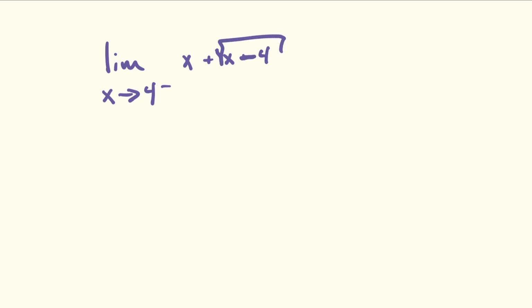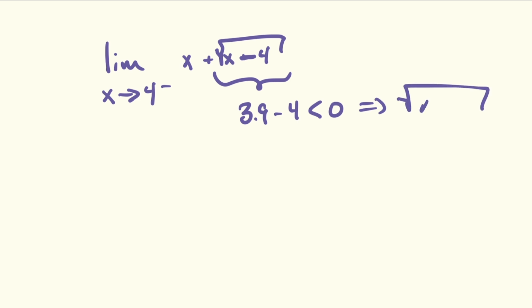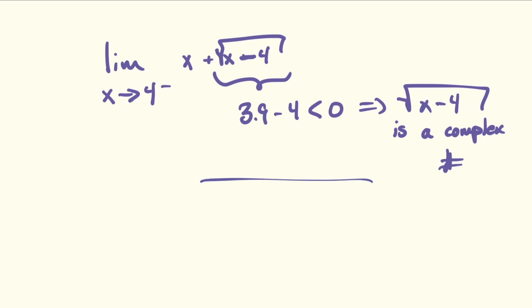Notice if we take any number like 3.9 minus 4, any number that's slightly less than 4, we're going to get a negative number, which means that this element, square root of x minus 4, is a complex number. And normally, in most calculus classes, we don't involve ourselves with complex numbers for the most part. So we only want to work with real numbers when we're looking at limits. So this is not going to be something that we're going to work with at all.